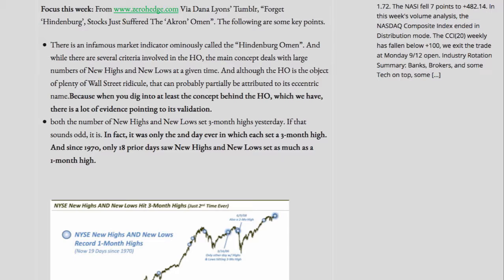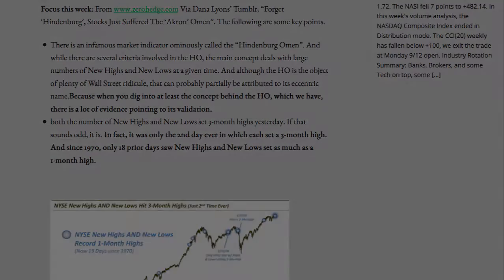Both the number of new highs and new lows set 3-month highs yesterday. If that sounds odd, in fact, it was only the second day ever in which each set a 3-month high. And since 1970, only 18 prior days saw new highs and new lows set as much as a 1-month high.